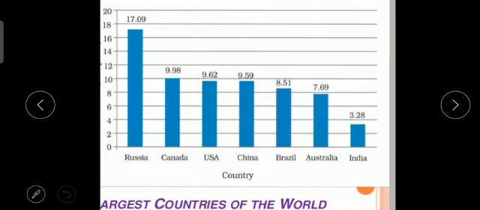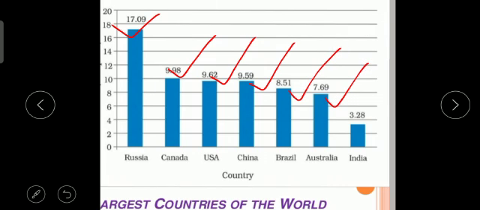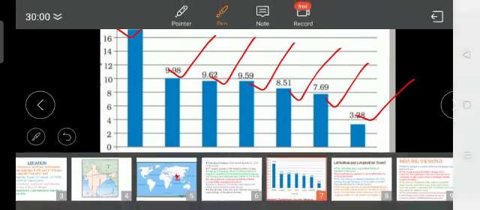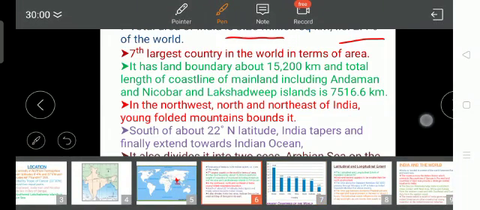Then which countries are bigger than India? The first largest country in the world is Russia, second is Canada, third is USA, fourth is China, fifth is Brazil, sixth is Australia and seventh is India. India is the 7th largest country in terms of area.